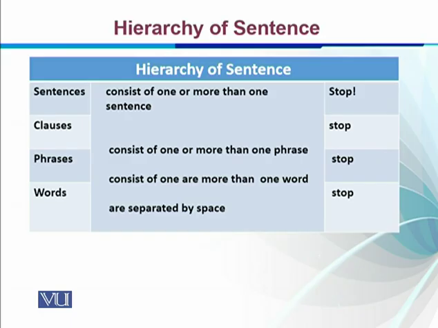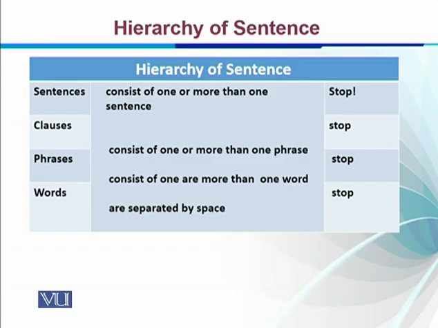So there must be at least one phrase to constitute a clause. And when we come on to the sentences, we find that sentences consist of one or more than one clause. So if we look at the hierarchy, we can find that the upper layer consists of at least one of the lower layer or lower rank.